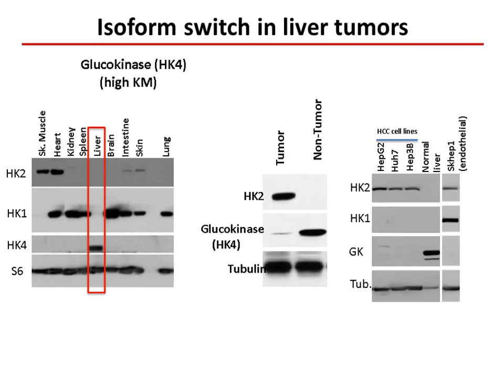This is also true in human cell line, liver cancer cell line. As you can see here, they are expressing only Hexokinase 2, no glucokinase, and no Hexokinase 1. So in liver cancer, there is isoform switch from the high Km Hexokinase, glucokinase, to the low Km Hexokinase 2.